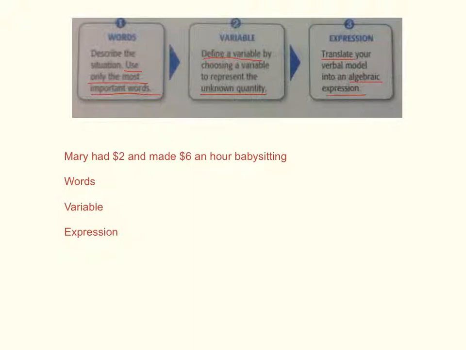For example, take a look at: Mary had $2 and made $6 an hour babysitting. If we were to break that down, that would be something along the lines of $2 more than $6 an hour.